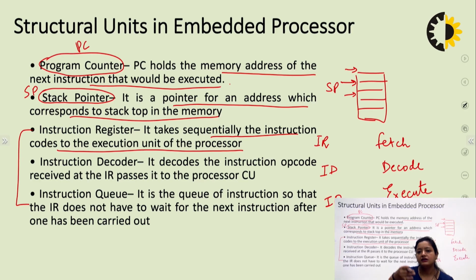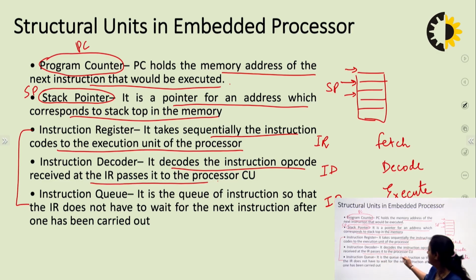So whenever your instructions are fetched, they are stored in the instruction register. It takes sequentially the instruction codes to the execution unit of the processor. So this is the register which will take these instructions in a sequential manner to the execution unit of your processor. Decoder decodes the instruction's opcode received at the IR and passes it to the processor's control unit.